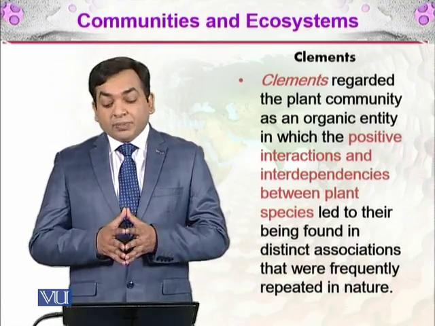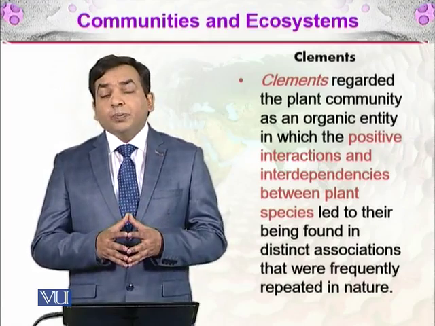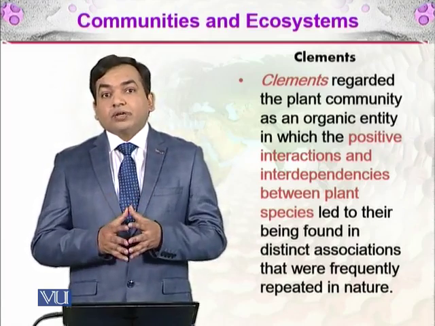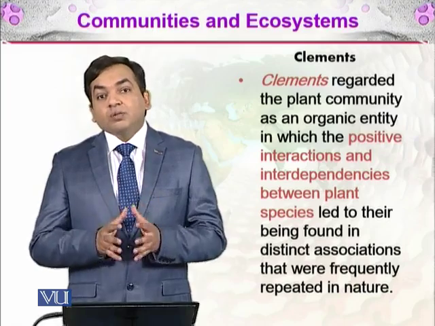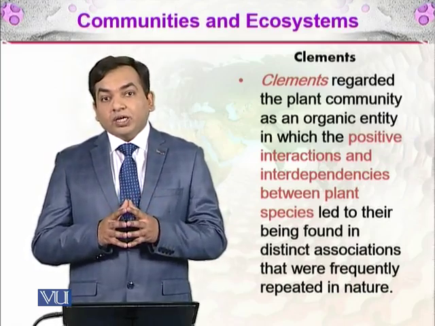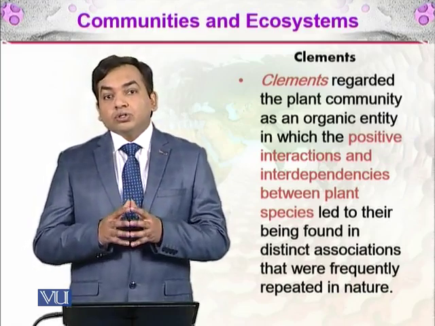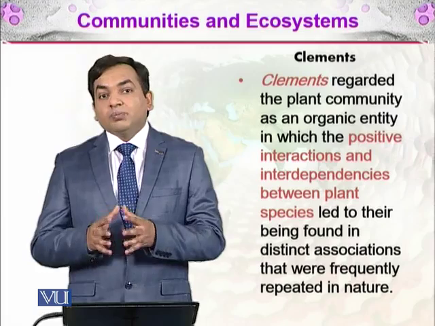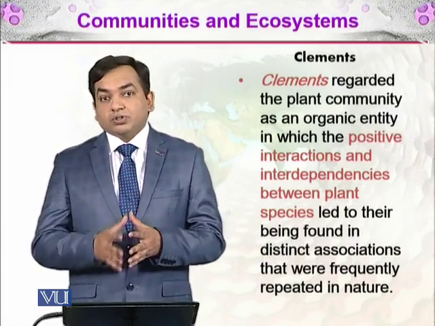What Clements said was that when plants live in a particular area, they coalesce together, and their interactions and interdependencies make very closely knit communities. And you will be able to see those closely knit communities in similar circumstances in different parts of the world.